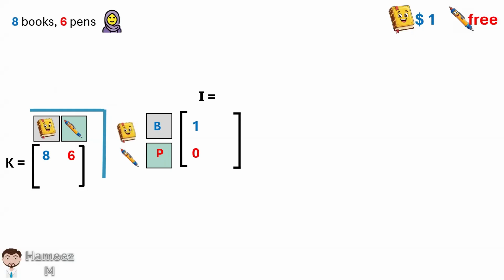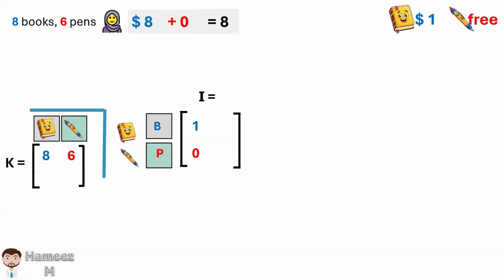So what's the total cost? How many books do we need? We need 8 books at $1. That's $8 in copybooks. And what's the cost of the pens? 6 pens at free at $0. It's going to give us 0, sorry. So 8 plus 0 is $8.